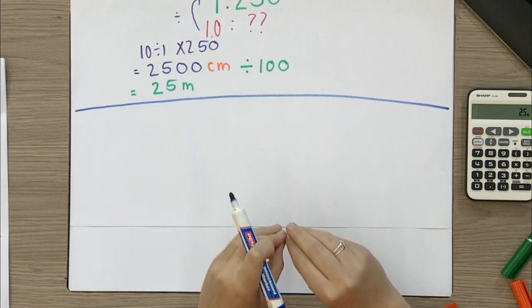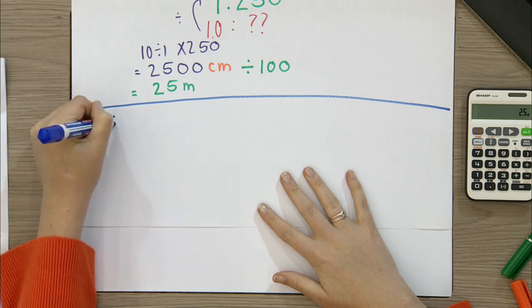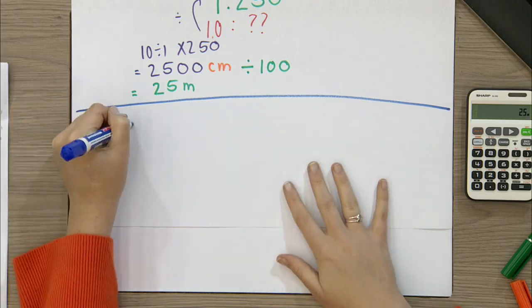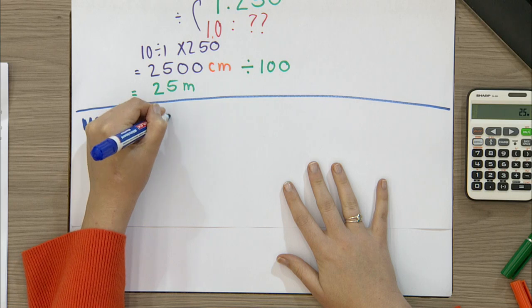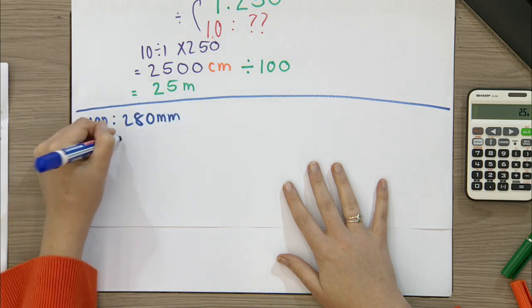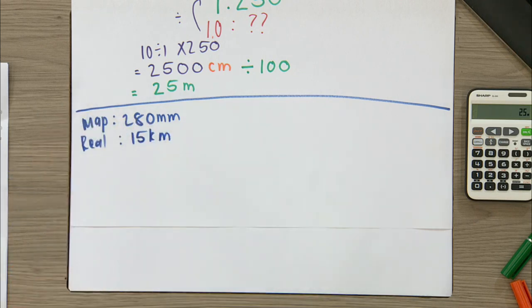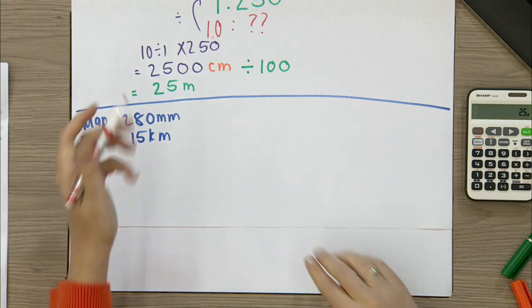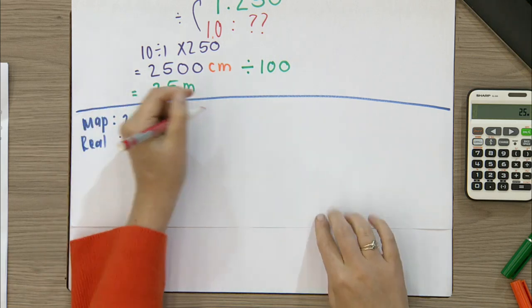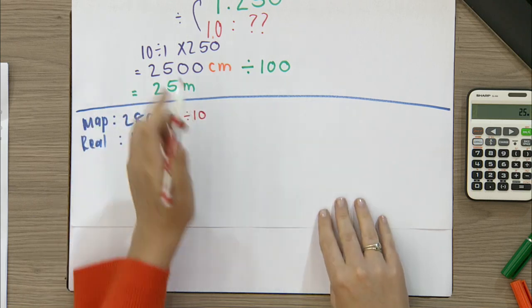So let's go back. Instead of going straight into millimeters this time, I'm going to say, okay, if the map distance is 280 millimeters and the real distance is 15 kilometers, I'm going to decide that I want to work in centimeters. So to go from millimeters to centimeters, I must divide by 10.